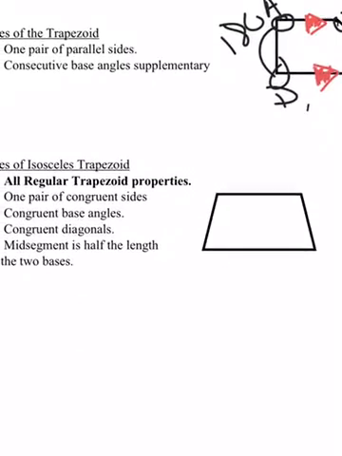So the isosceles trapezoid, besides having those 2 basic properties of the regular trapezoid, of course, parallel sides and the consecutive base angles being supplementary, you also have the legs, these being congruent. And just like a triangle, the isosceles means 2 sides being the same. Now, what that'll set up is a couple things. These base angles at the top, congruent. The 2 base angles at the bottom, congruent.